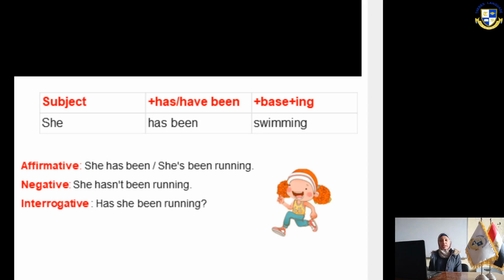For example, you can say, she has been swimming. The affirmative form will be, she has been or she's been running. The negative will be, she hasn't been running. And to form a question, we can say, has she been running? Now, guys, let's move on to slide 15.